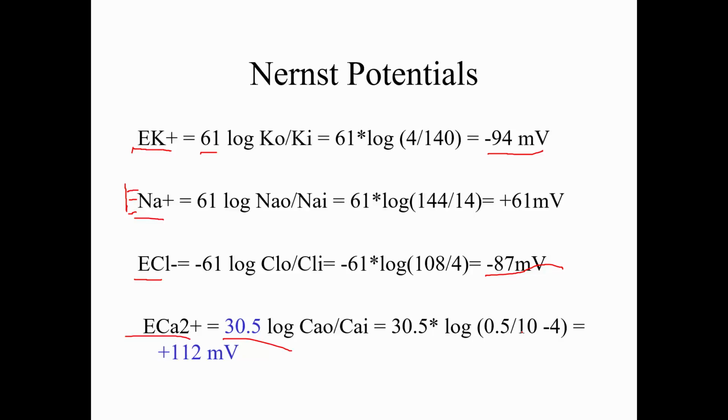Really, really high calcium outside versus calcium inside. So when you calculate that, boy, oh boy, we have a really, really, really positive membrane potential. That means if you open up a calcium channel, calcium is going to really want to come in and depolarize the membrane. And think about that if that's not working for you after viewing this presentation.